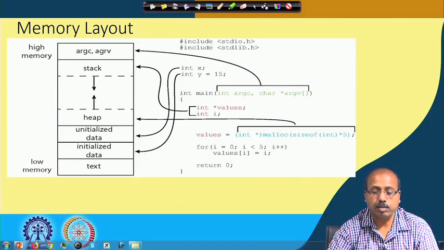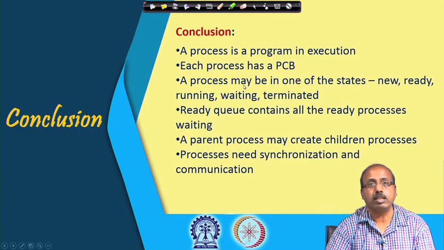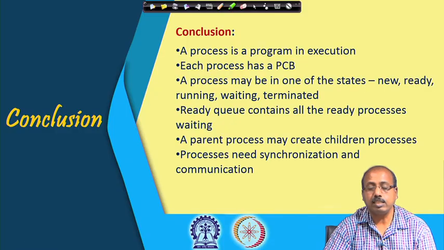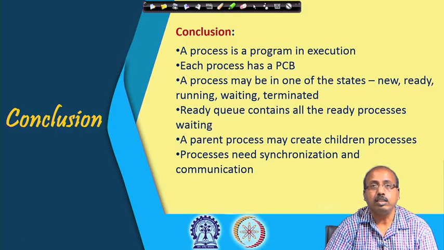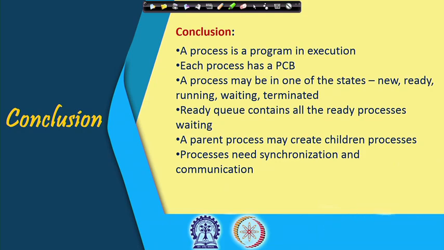So, with this we come to a conclusion of this discussion on process. A process is a program under execution. A program is a static item that is residing in the disk, and when it goes into execution, it becomes a process.